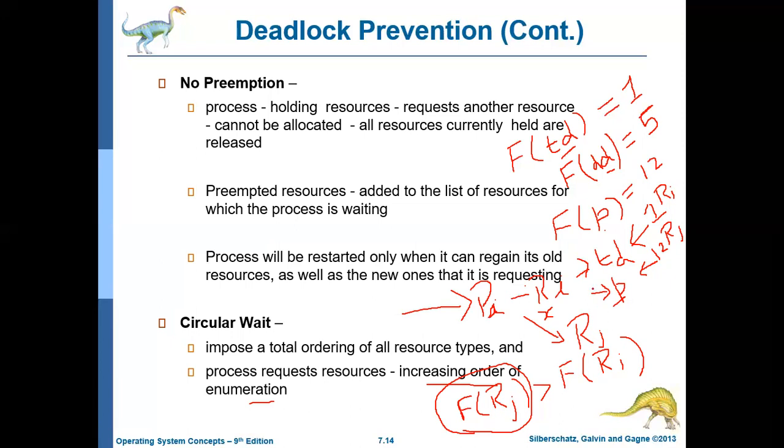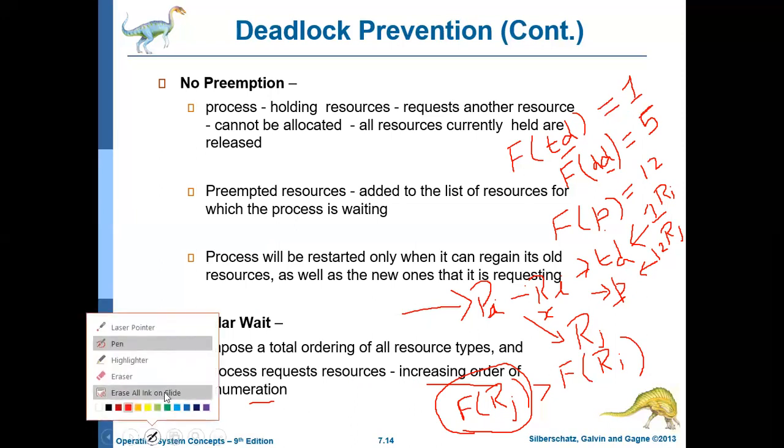It should follow the increasing order of enumeration. That is, first it should request the devices which are available in fewer instances, and then the devices which are available in more instances. By following this ordering, we can ensure that circular wait can be avoided.